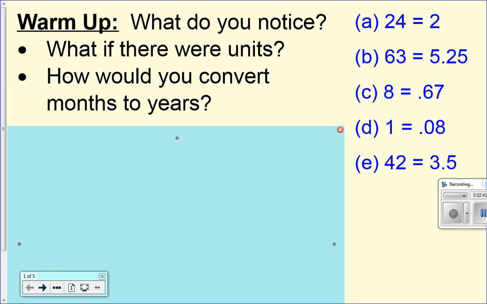Could months and years work? Yeah. How? 24 months equals 2 years. 63 months equals 5¼ years. Okay? 8 months, we know, is part of a year, right? It's less than 1. That looks reasonable, right?